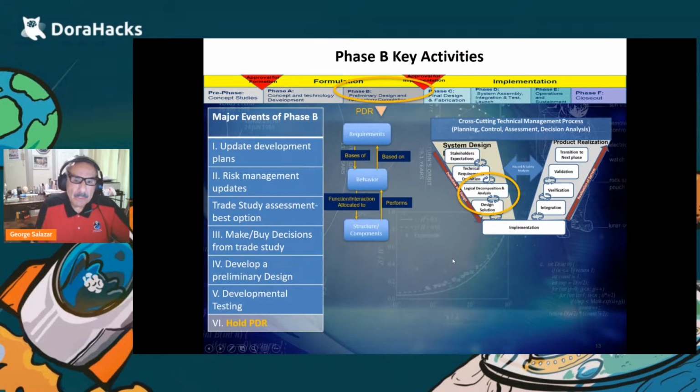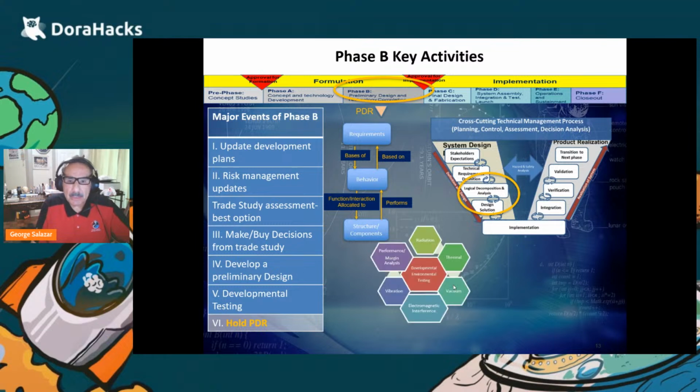And then, here you're going from requirements to developing the behavior of the system, both the hardware and software, and to some extent the human. And then you're allocating all that behavior to structural components or the human as well. And so there's, again, an increase in complexity in terms of designing the system.